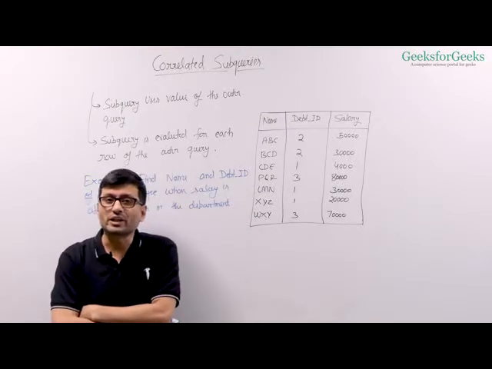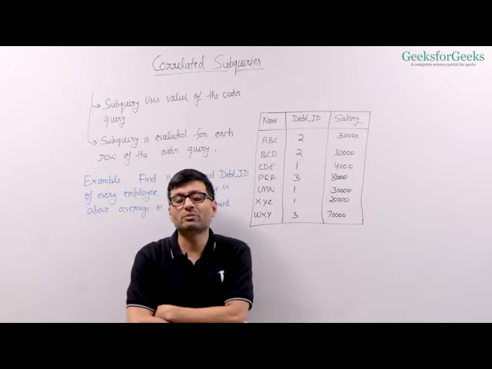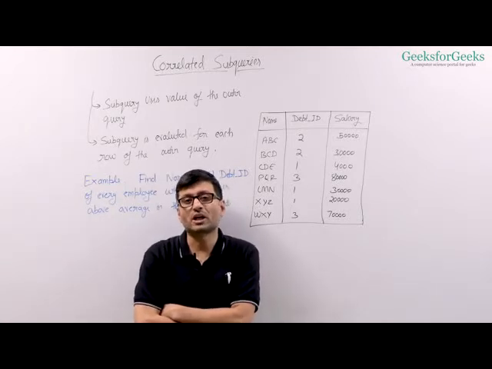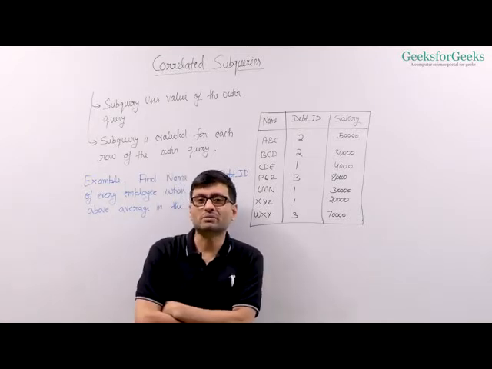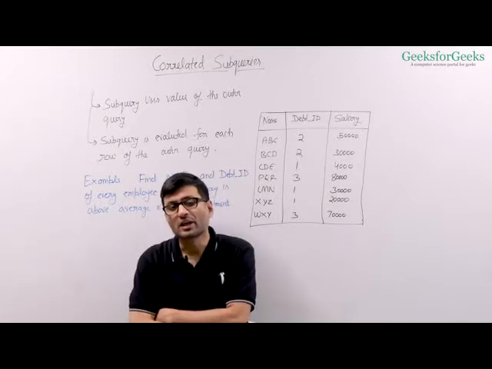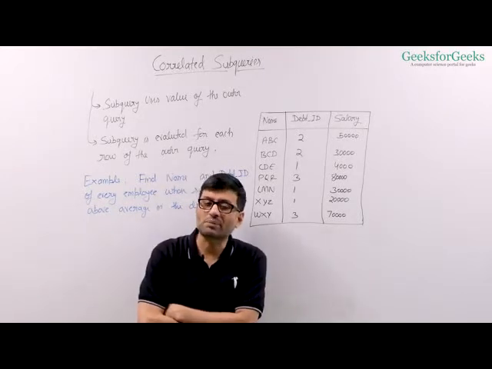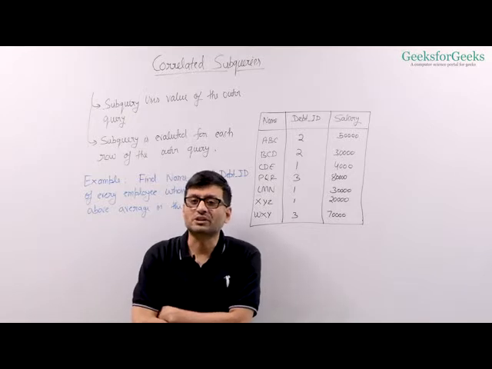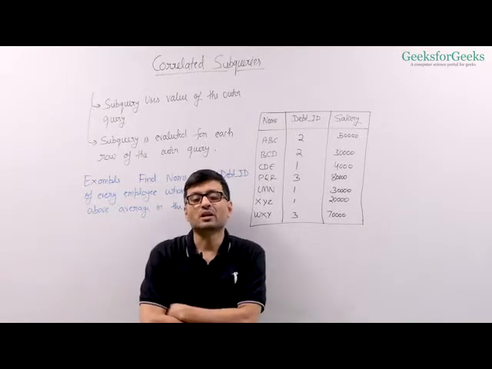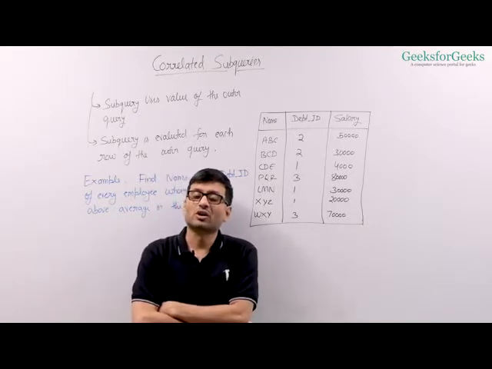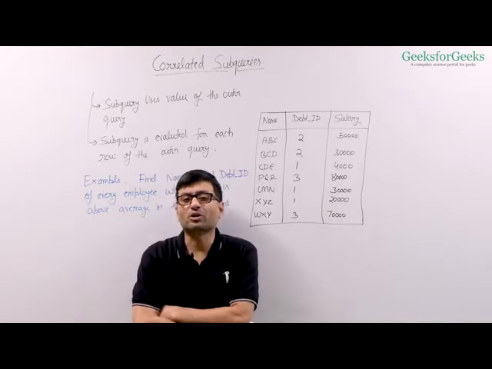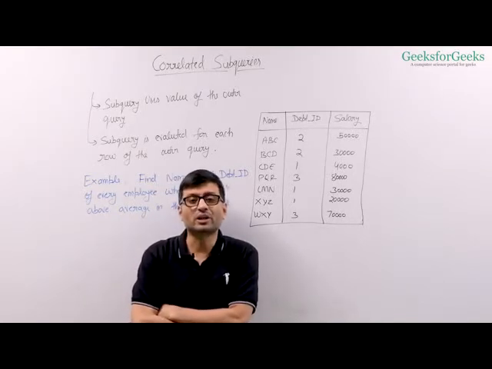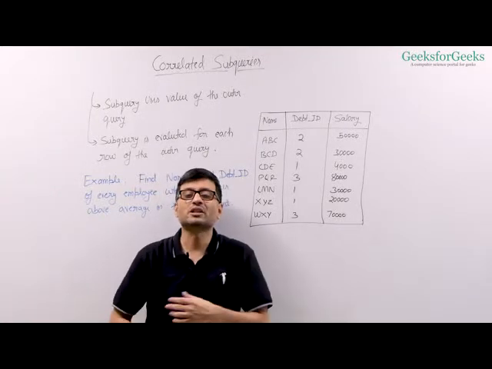Now, there is a special subquery which does not execute this way. When your subquery uses an attribute or column of the outer query, then it becomes a correlated subquery, and execution does not happen like it happens in the normal subqueries. Here what happens is your inner query or your subquery is evaluated for every row that we are processing in the outer query.